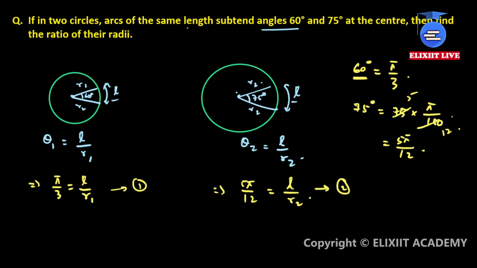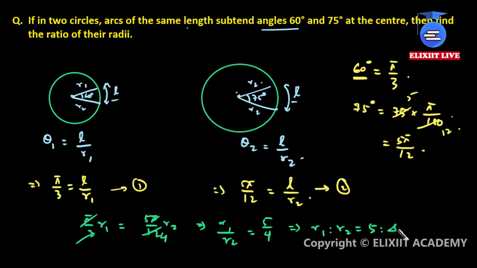So pi by 3 times R1 equals 5 pi by 12 times R2. Pi cancels out from here. So R1 by R2 will be 5 by 4. So R1 is to R2 will be 5 is to 4. That is the ratio of their radii.